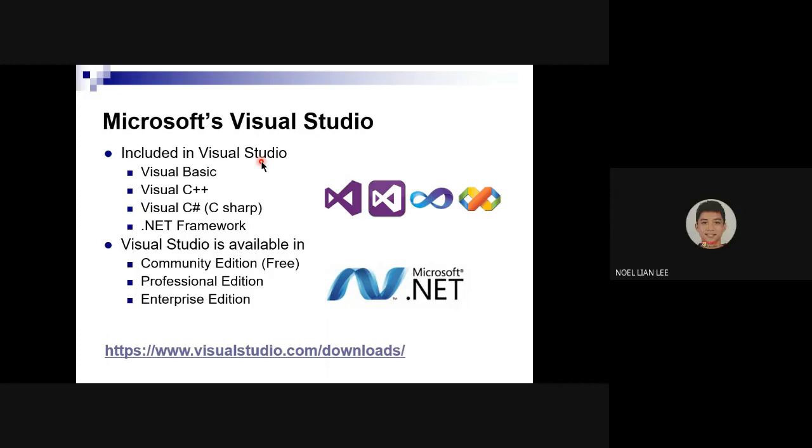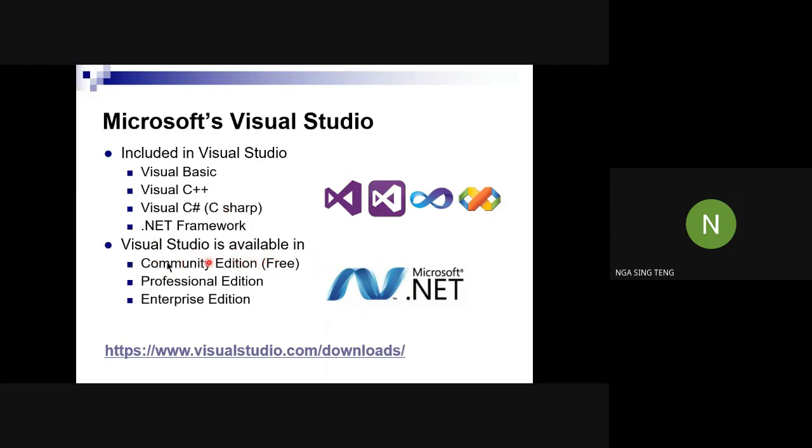Okay. So I only want to tell you what software is included in this studio. We have Visual Basic, C++, C#, and so on. Visual Studio is available in 3 editions.